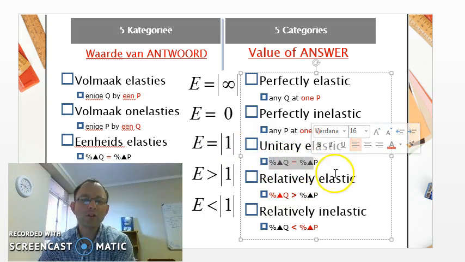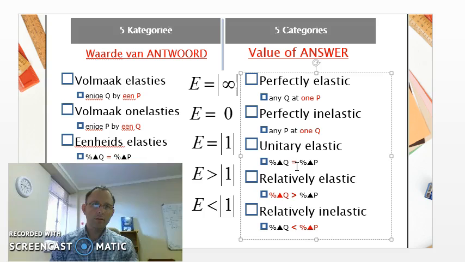Basically what it means is the percentage change in quantity is exactly the same as the percentage change in price. Meaning that if there's a 1% increase in price, there will also be a 1% increase in quantity demanded. Or if it's 3% in price, it will be 3% in quantity as well. So it's exactly the same. It's unitary, it will be a 1.